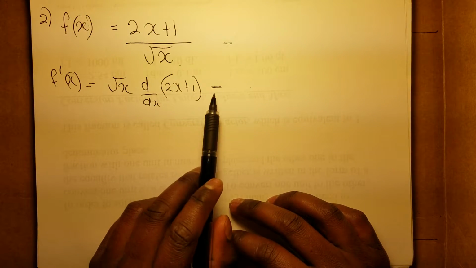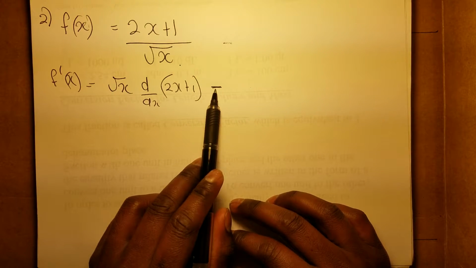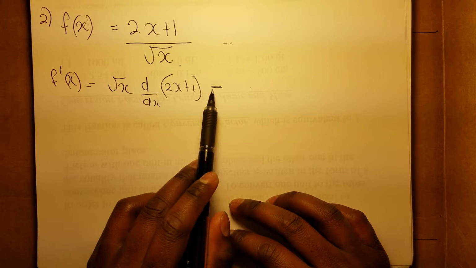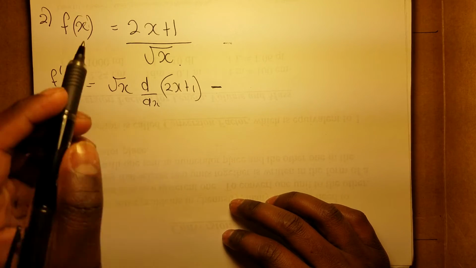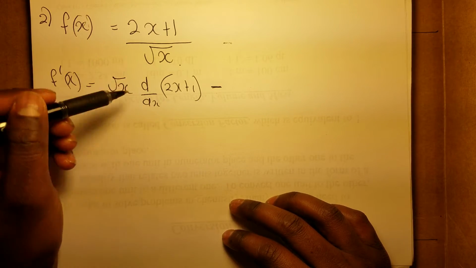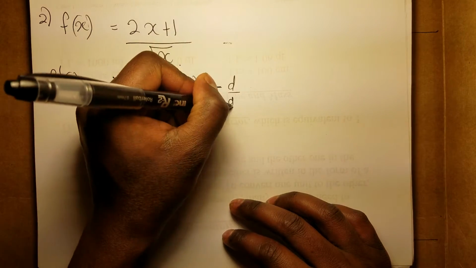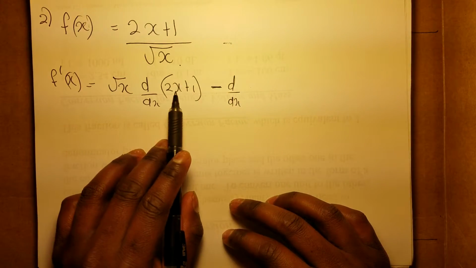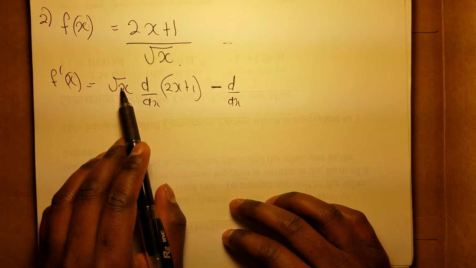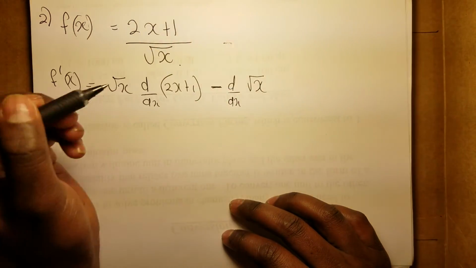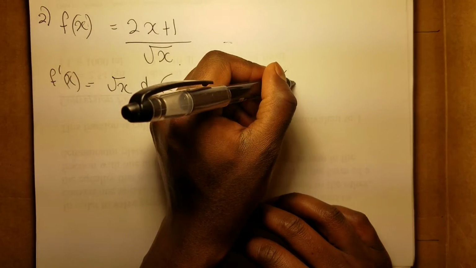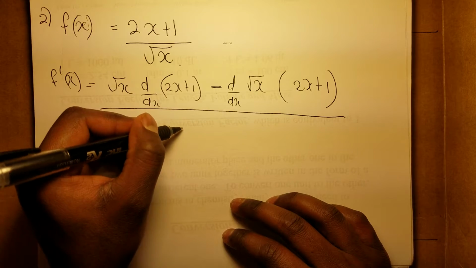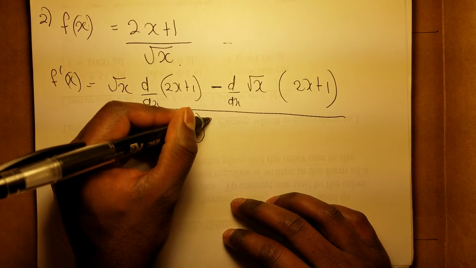Some people might forget this minus or addition. Trust me, you're gonna forget. It's always minus, not addition, minus. So minus the derivative, you just rewrite this, but instead of finding the derivative of the second term, find the derivative of the first term. So derivative of x times 2x plus 1, all divided by the bottom term squared.